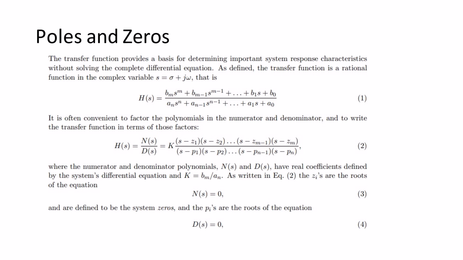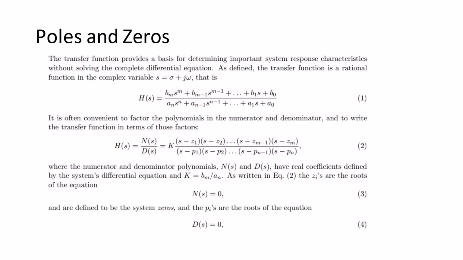If we set N(s), the numerator, equal to 0, we get the roots, which give the location of the zeros. And if we set D(s), the denominator, equal to 0, that gives the roots which are called poles.